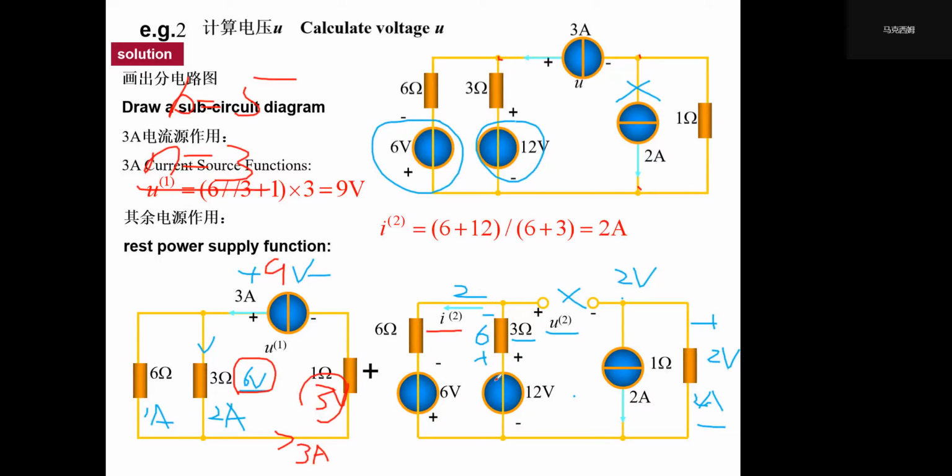And also we see that this has 6 ohm and 2 ampere, so it has 6 times 2 is 12 volts. So we can directly calculate that U2 is 8 volts.